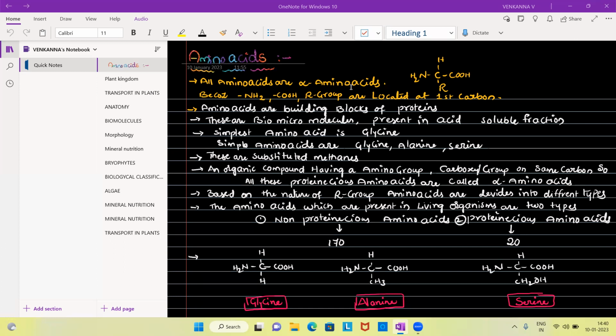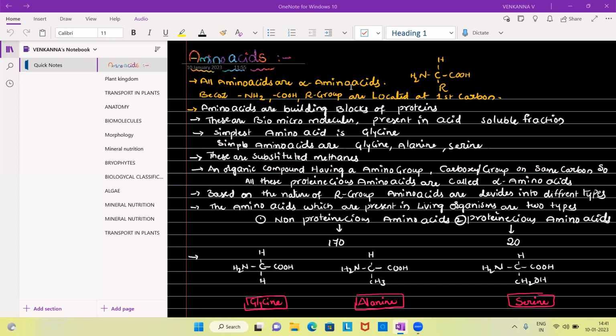Carboxyl group, amino group, and free radical group decide the physical and chemical properties of all amino acids. All amino acids are alpha amino acids because all essential groups are arranged at the first carbon position. You know about the IUPAC name.